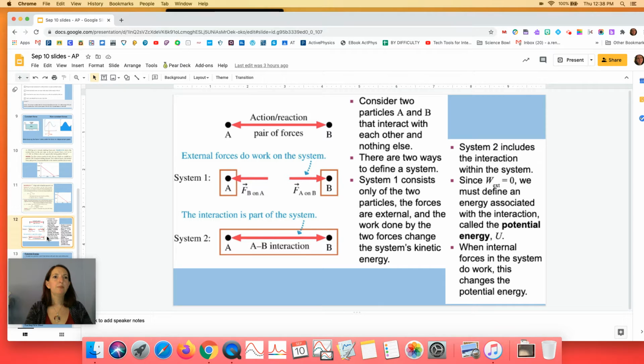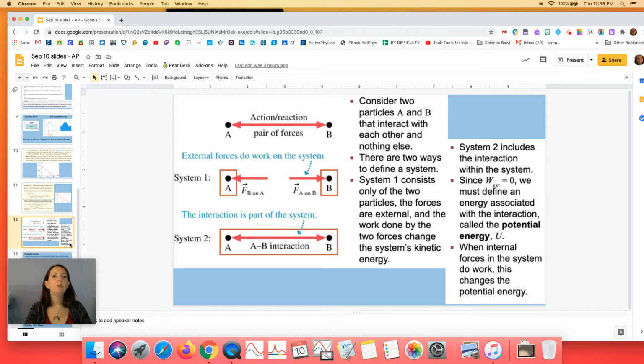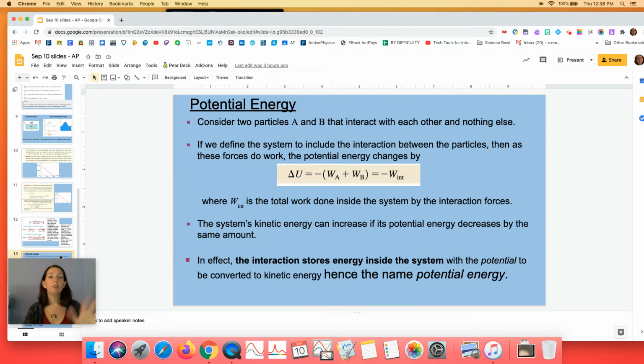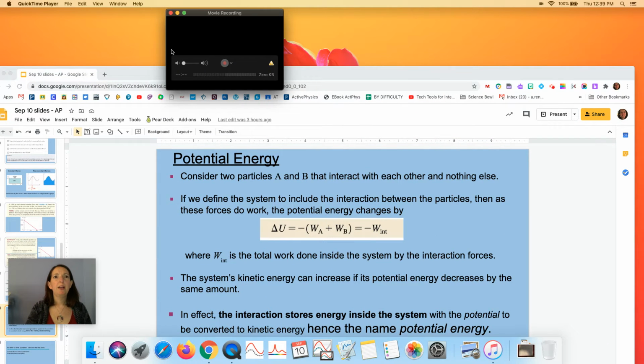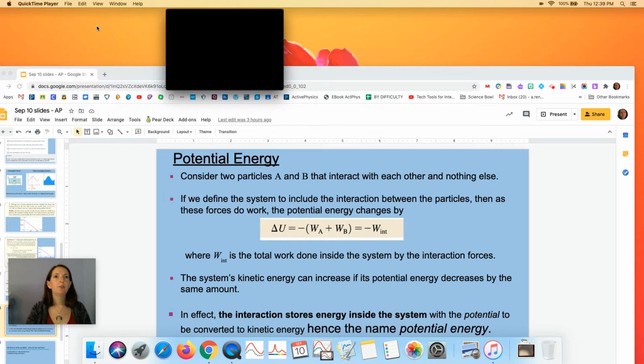So actually, you know what? You can look at these later, but I feel like maybe I just want to riff on my iPad. Boom, new recording. Oh, screen recording. I just did something funky, sorry.